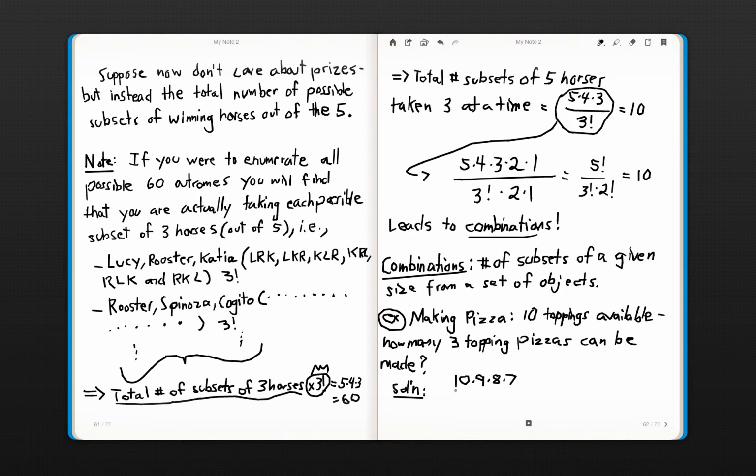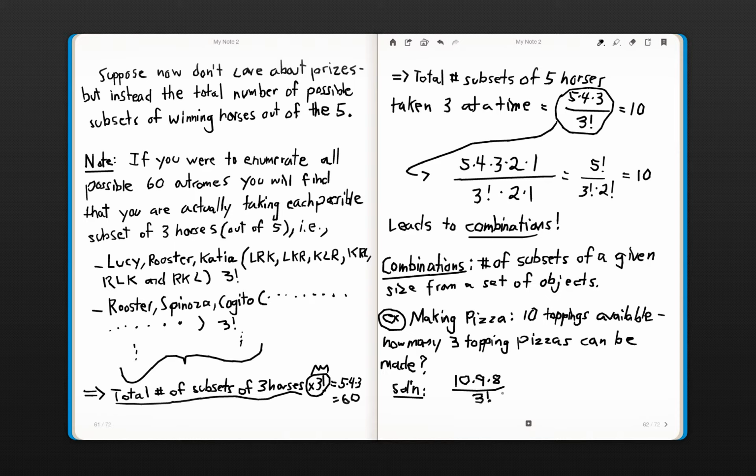So what we want to do then is, since we've counted the number of permutations of taking 3 toppings, the number of ways to permute those 3 toppings, we've counted that many times, so we need to undo or divide by the number of ways to permute those 3 toppings, because we only care about counting it once.